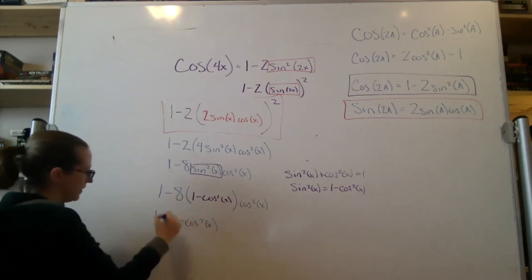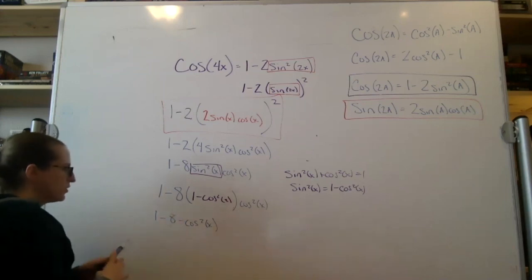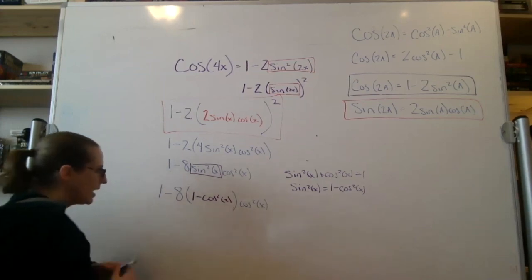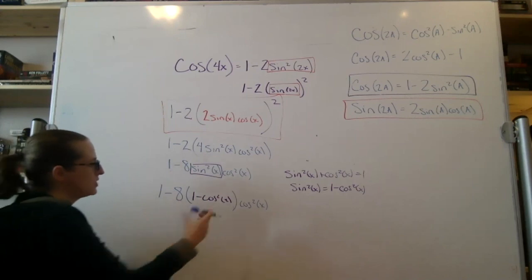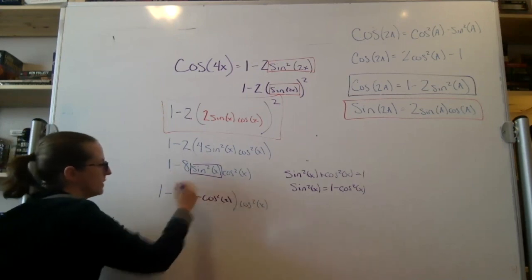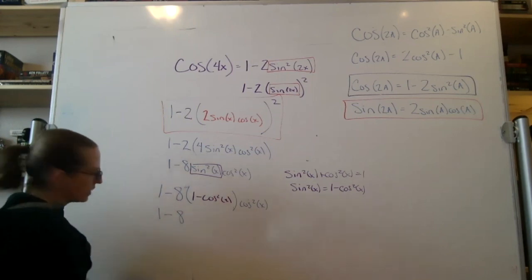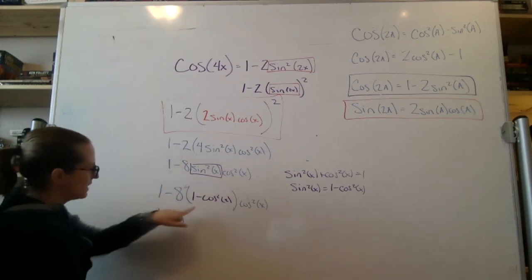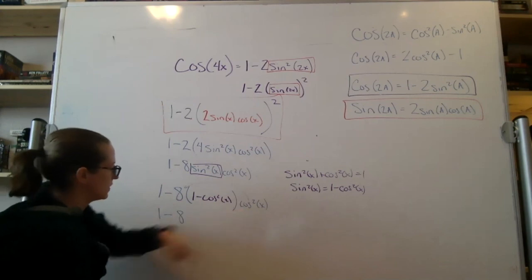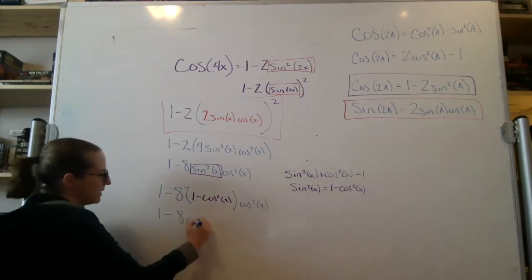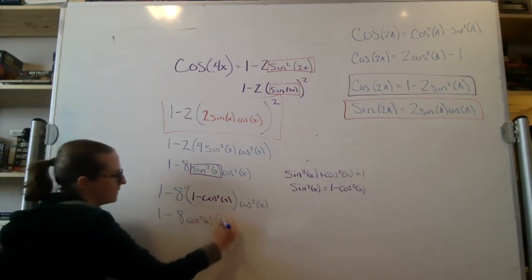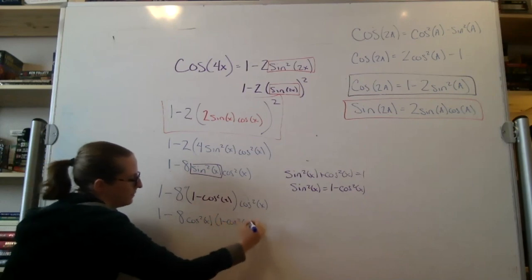I need to be a little careful here. Oh, okay, so the distributing here is going to be a little weird. Instead, what I'm going to do is rearrange and move this cosine squared term in front. I think that's going to make it less confusing. Multiplication order doesn't matter. So 8 times 1 minus cosine squared times cosine squared is the same thing as 8 times cosine squared times 1 minus cosine squared.